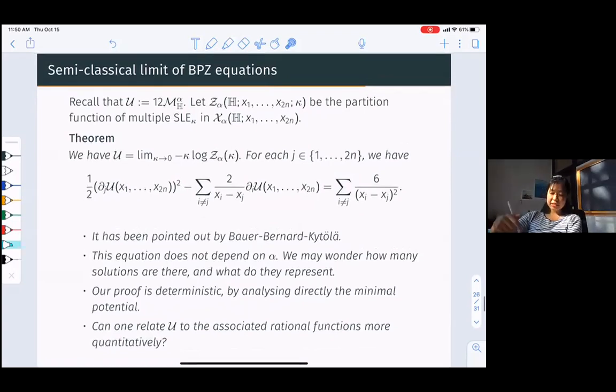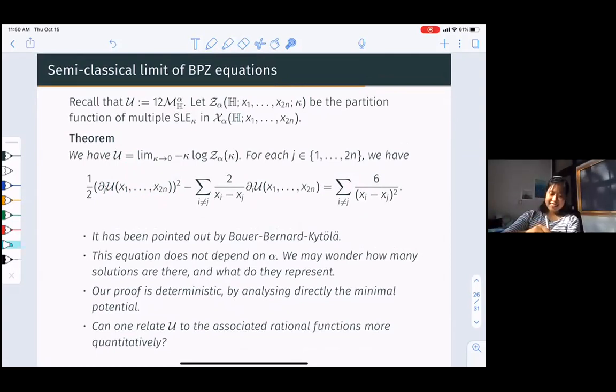So a related question is, if you think about this minimal potential for a given boundary data, there's always a rational function lying behind. It's a rational function with those points as critical points.